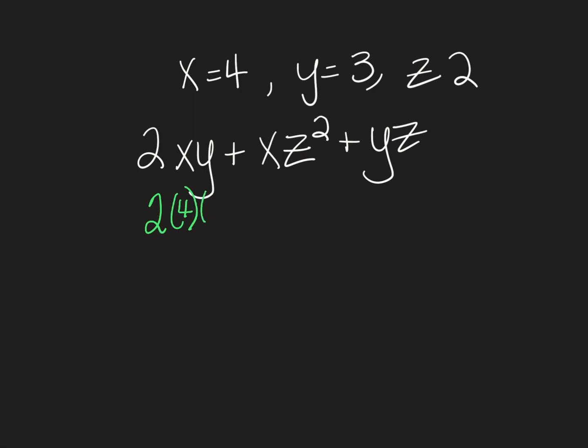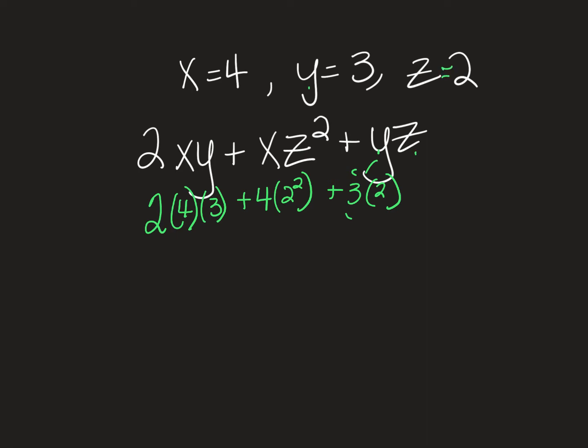The value of y is 3, plus the value of x is 4, times the value of z, which is 2, and that is squared, plus the value of y is 3, the value of x is 2. So make sure you understand I got this y here from the 3, from the y equals 3. I got this z from here, z equals 2.